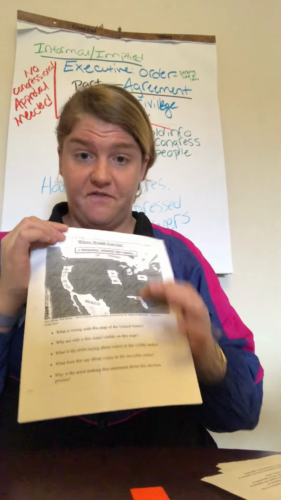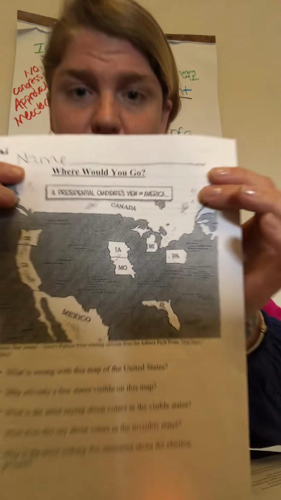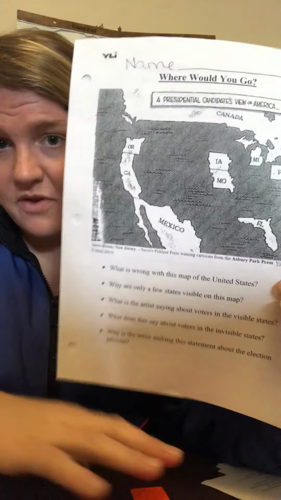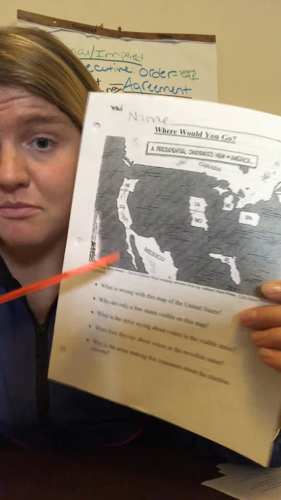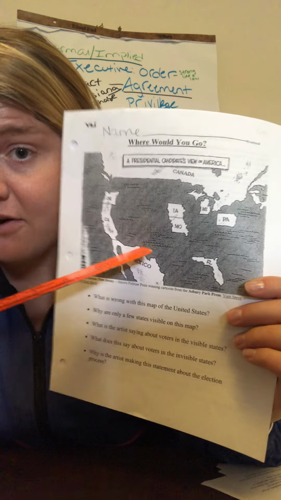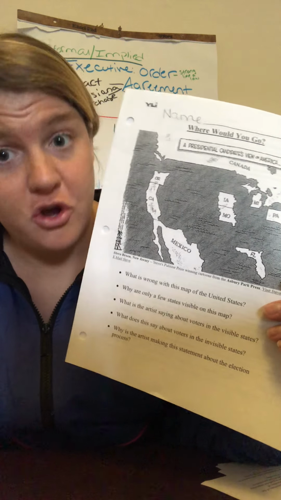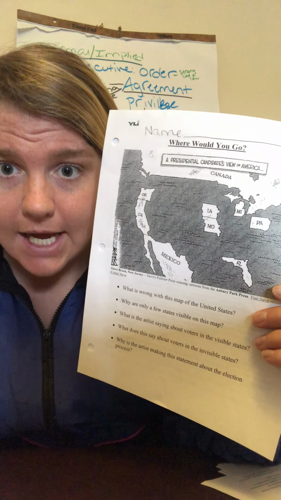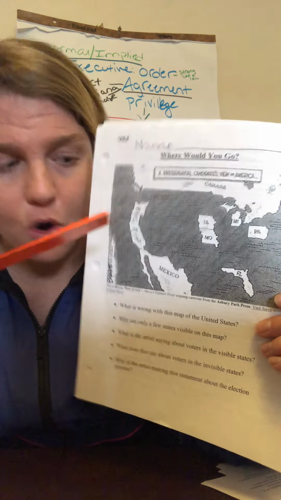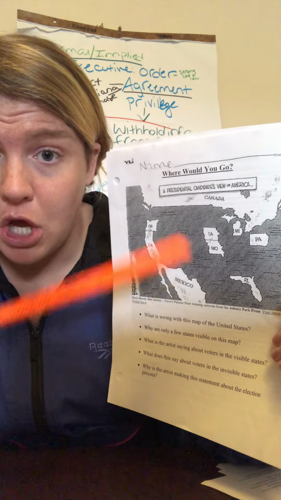So, the first page says, where would you go? Let's get the first things clear. Yes, many of the states are missing, and yes, this big gray area is water. Third, yes, Mexico and Canada are not states. We get that. They're only on this map to show you the border.